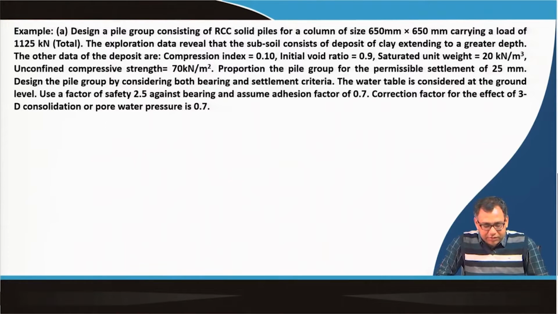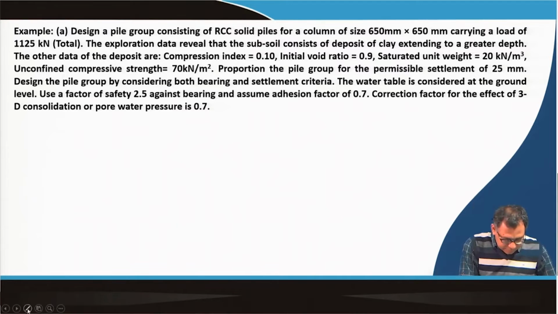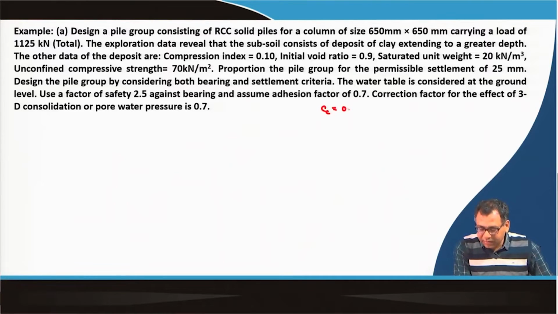The other data of the soil deposit are: the Cc value is 0.1, initial void ratio e0 is 0.9, saturated unit weight of the soil is 20 kilonewton per meter cube, and unconfined compressive strength qu is 70 kilonewton per meter square.